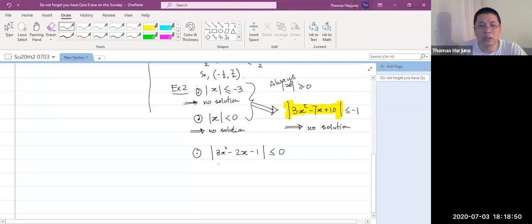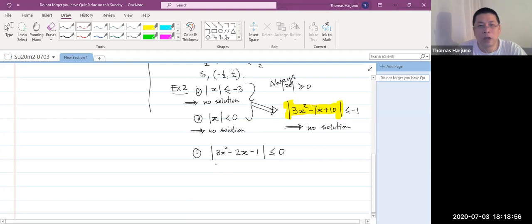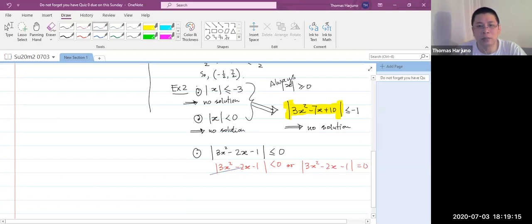Now you will see this statement actually consists of absolute value of 3x squared minus 2x minus 1 less than 0, or that expression is equal to 0, right? Now the thing is, this first case is impossible.